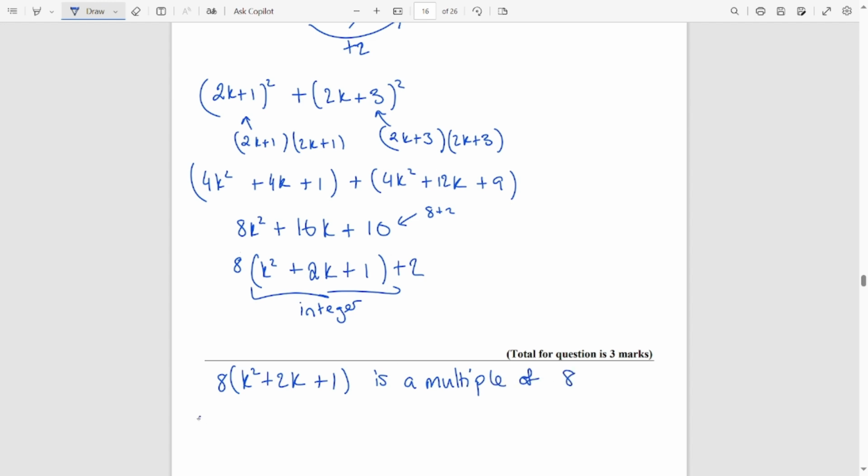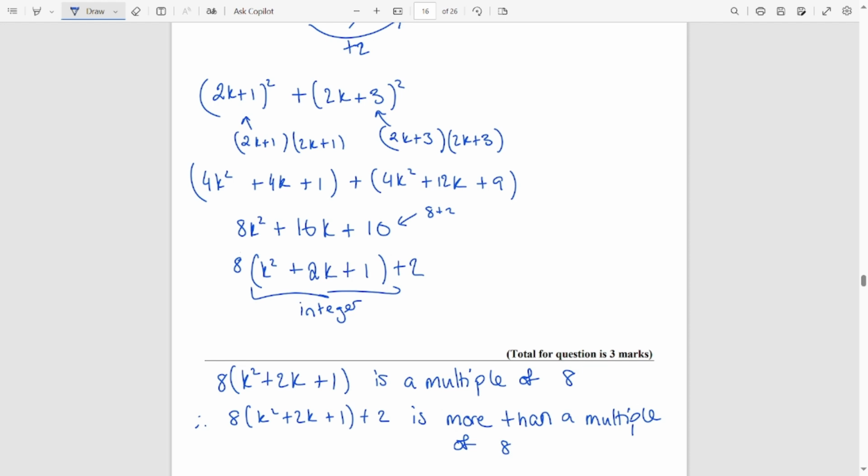And so therefore we have 8k squared plus 2k plus 1 plus 2. This must be 2 more than a multiple of 8. And that will be enough for our examiner.